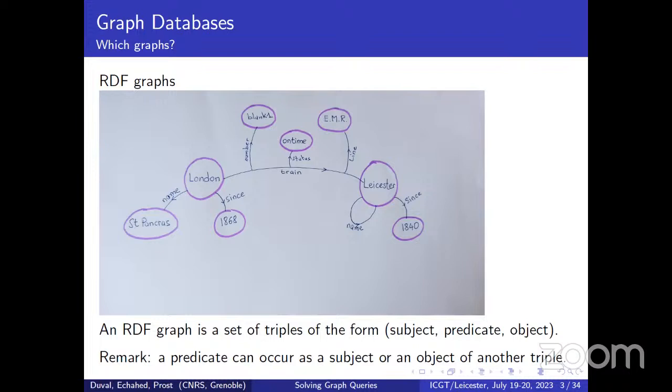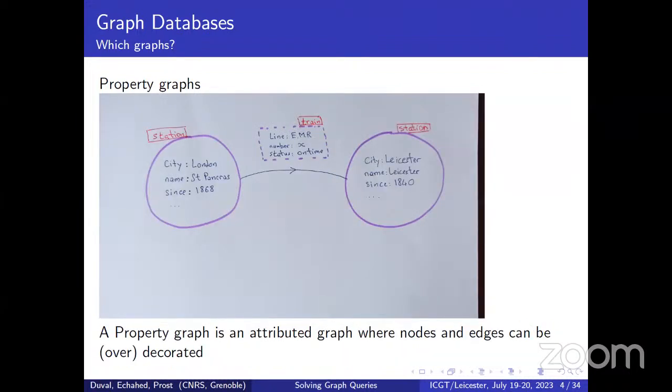It's a graph. Anyway, the other kind of graph are property graphs. There are several definitions of property graph which are not equivalent, but they are very close. These kinds of graphs are of Baroque style, where nodes and edges are over-decorated. I put the same information.